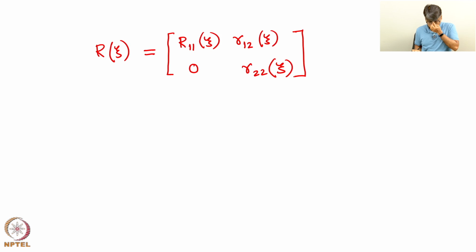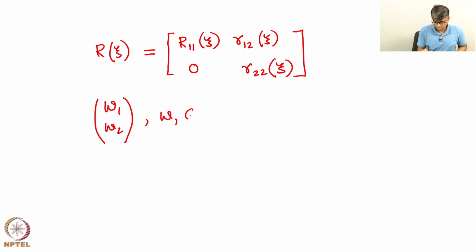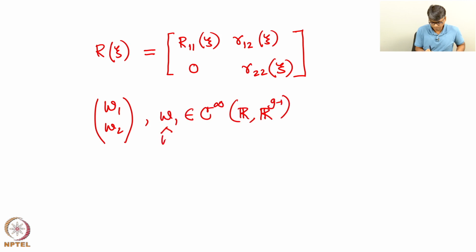Now, suppose some w = (w1, w2), where w2 is a scalar and w1 is a G−1 size vector. I do not know yet what they are, but we partition w into w1 and w2, which looks like this. So, w2 is just a scalar.